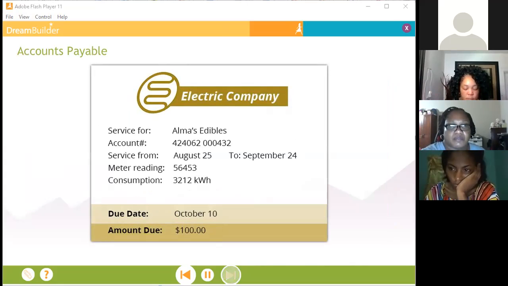Okay, before we go any further, what do you understand by this? Why is this called an account payable? Who can tell me? Because it's stuff that needs to be paid out. These are expenses. It's an expense, but there's a specific reason why it's an account payable.